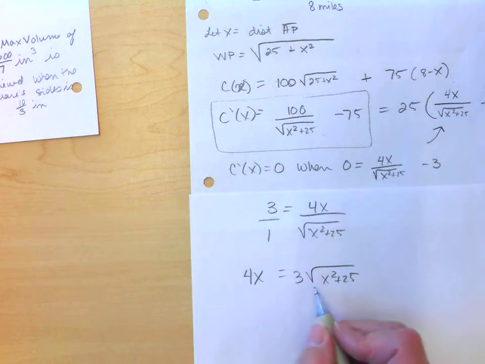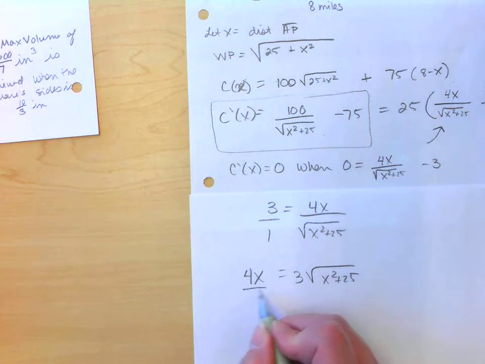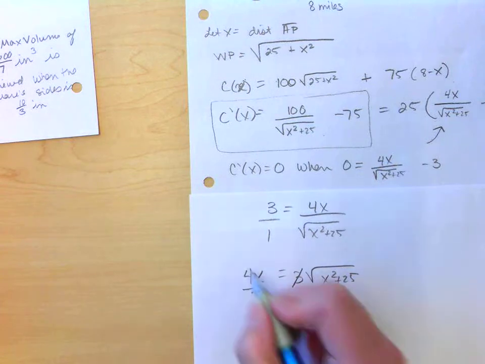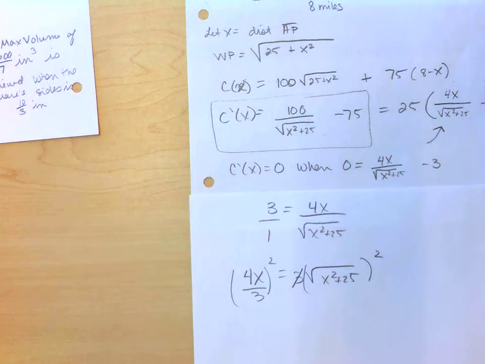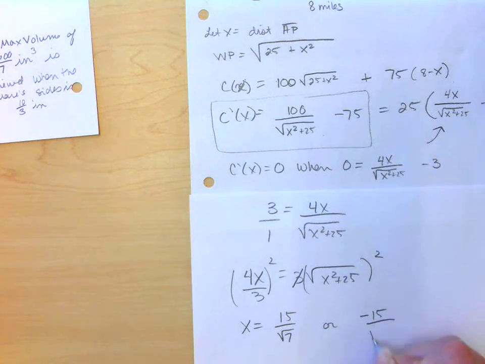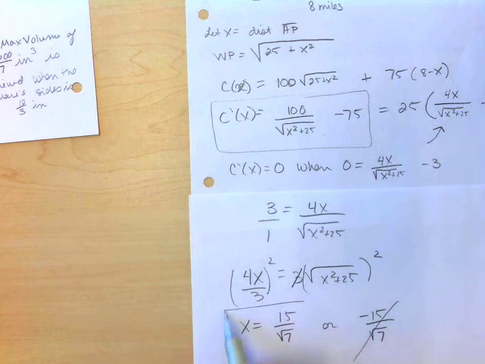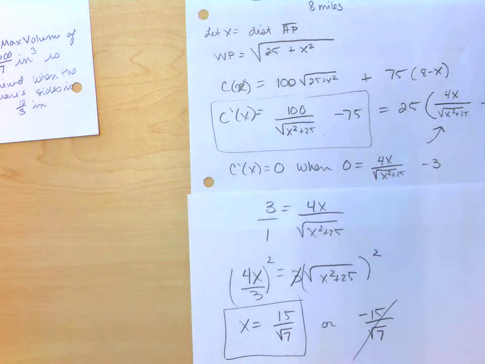Divide both sides by 3. And then square both sides. When you work that out, we'd get 15 over the square root of 7, or negative 15 over the square root of 7. And we know it can't be negative, so the answer is x equals 15 over the square root of 7.